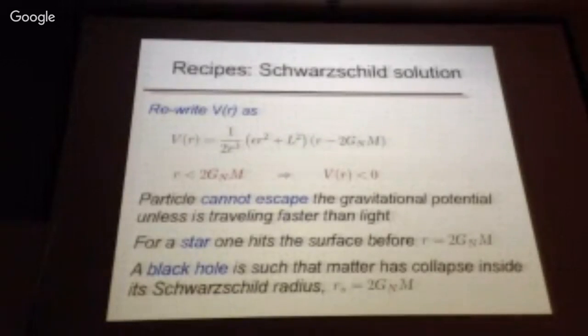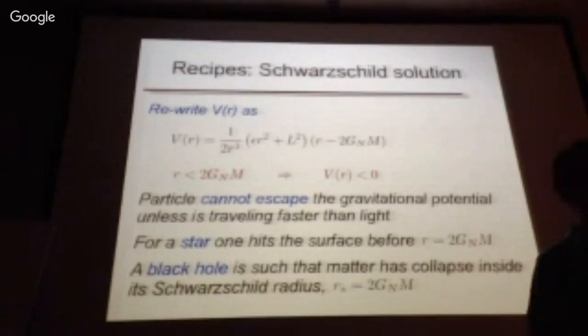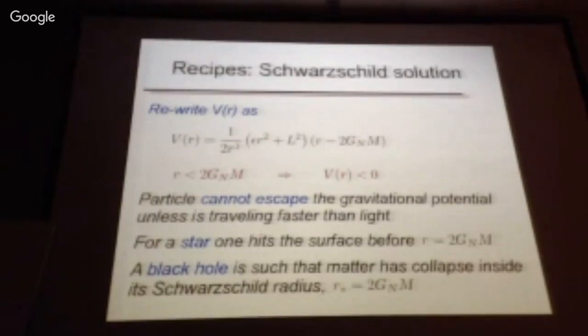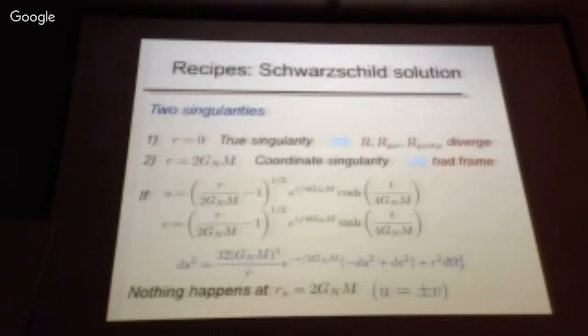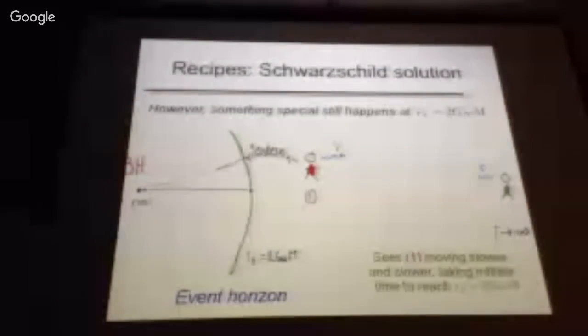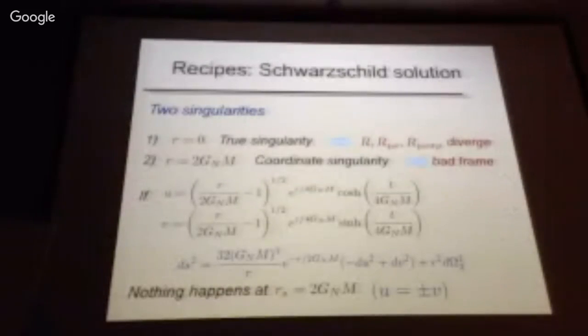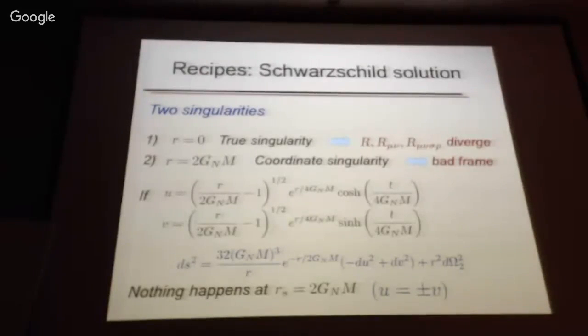For stars, the radius of the star is always outside this 2GM. However, for black holes, and that's actually the definition of a black hole, all the matter has to be inside this radius, what is called the Schwarzschild radius. We'll see a picture of how it looks, and it will be clearer what I mean by needing a velocity faster than the speed of light.